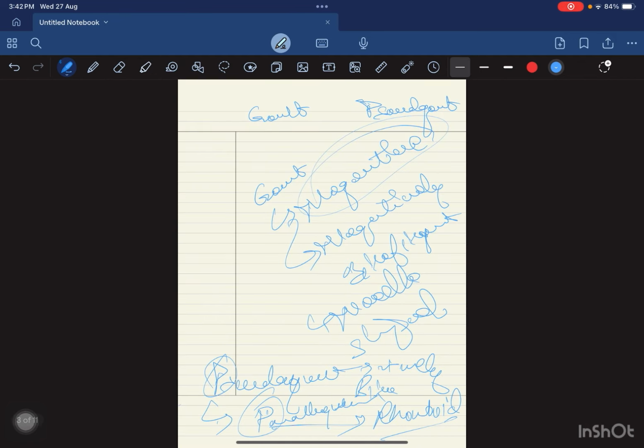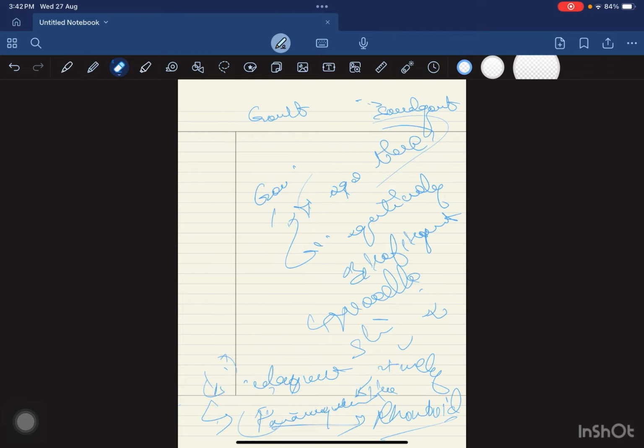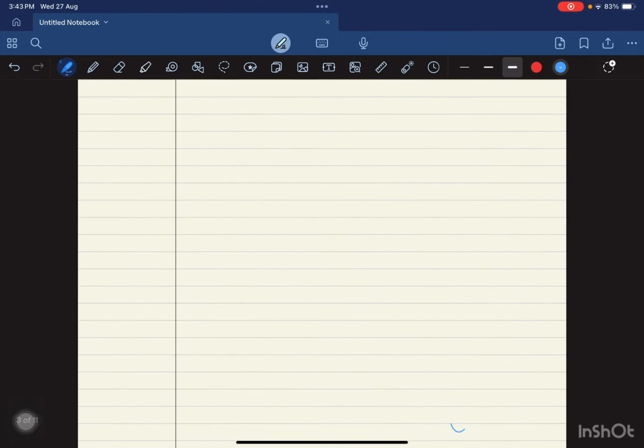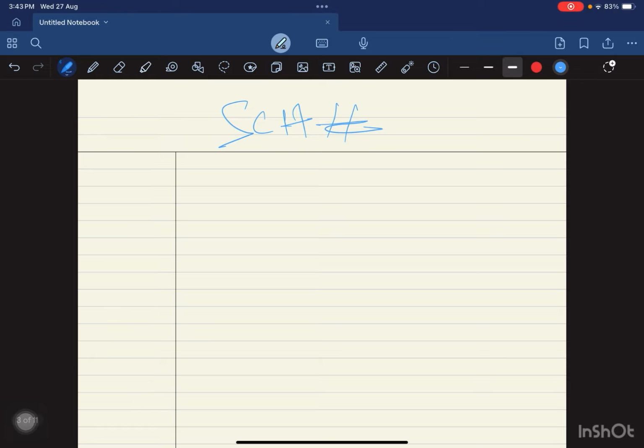Now our next topic is supracondylar humerus fracture. Okay, so about the supracondylar humerus fracture, there are two types. First of all, it is the most common fracture in children, the most common elbow fracture in children.